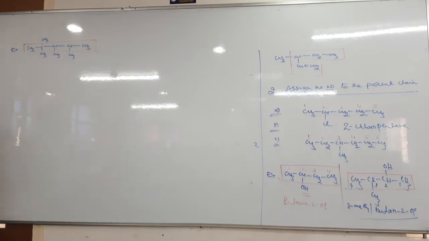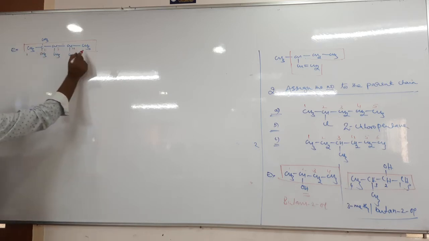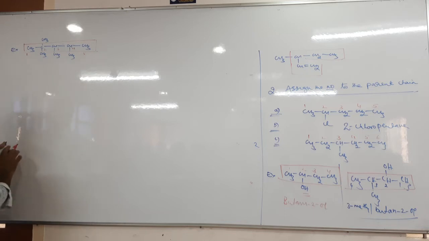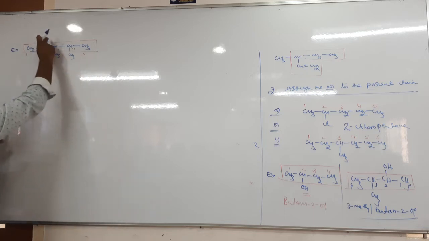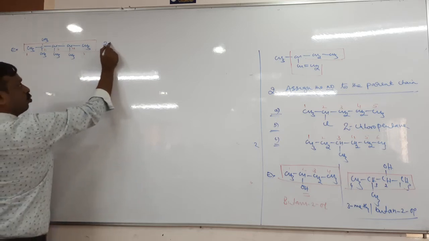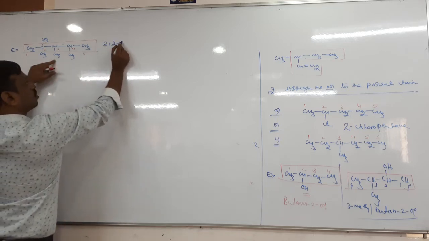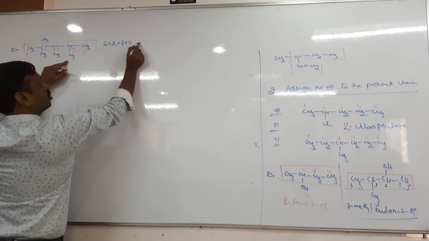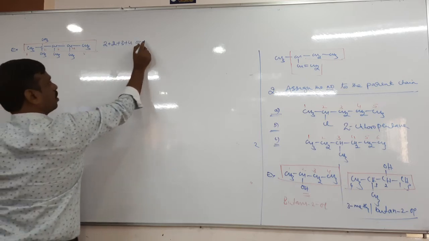If the parent chain contains 2 or more substituents, then we should assign the numbering from the side which gives the lowest sum. It means, say for example, if I give the numbering from left to right, it is 1, 2, 3, 4, 5. Can you tell me the sum of all the substituents? 2 methyl, 2 methyl, 3 methyl, 4 methyl. It means 2 plus 2 plus 3 plus 4.